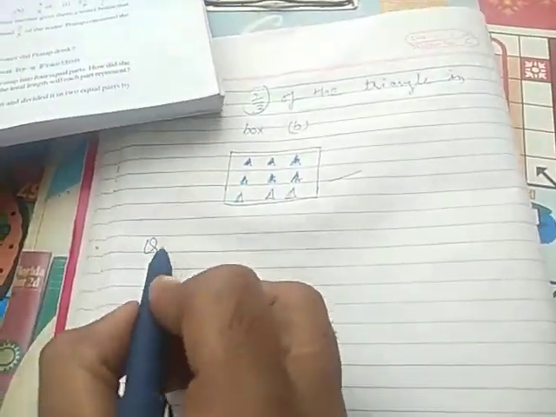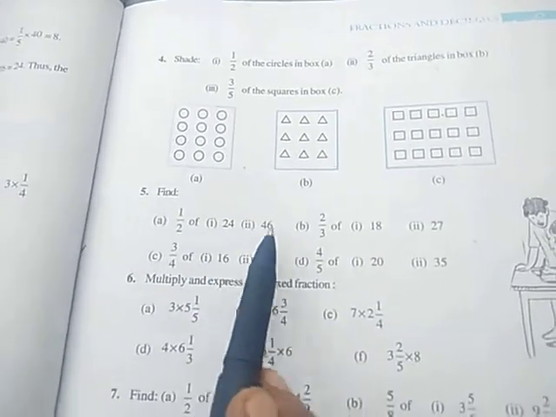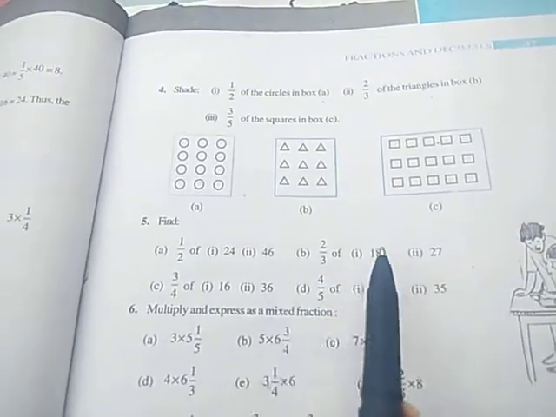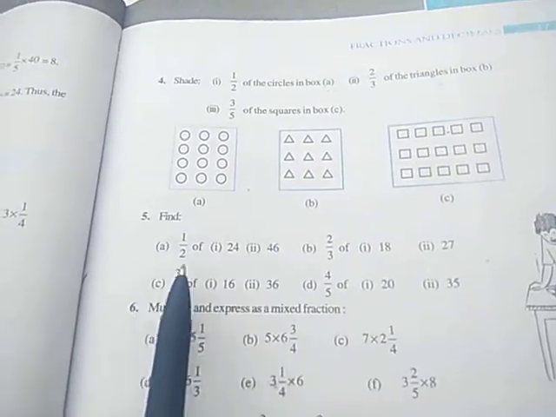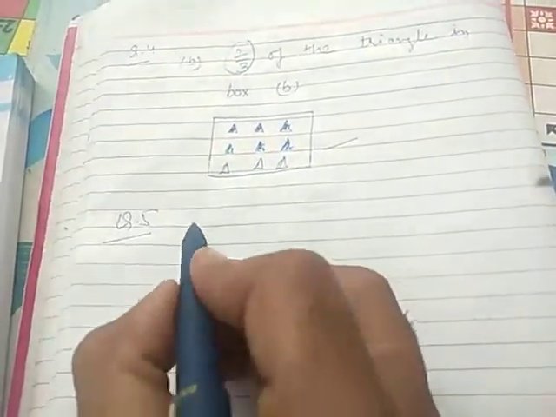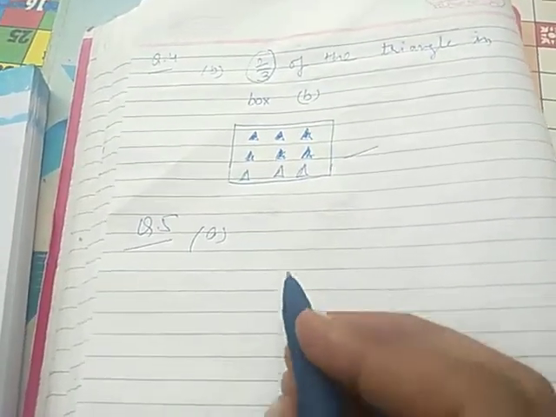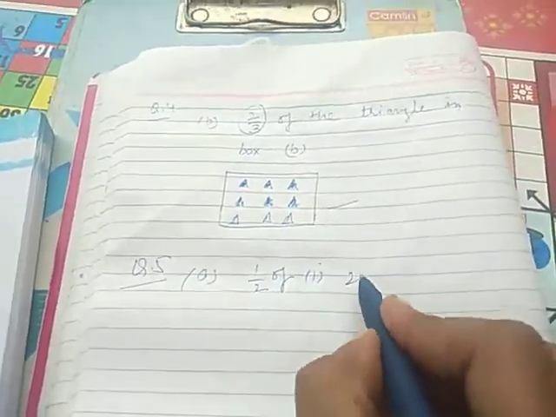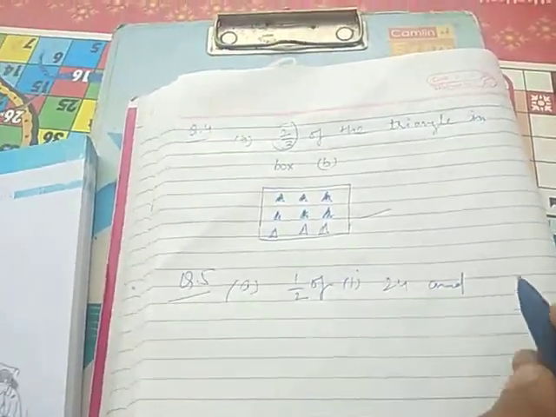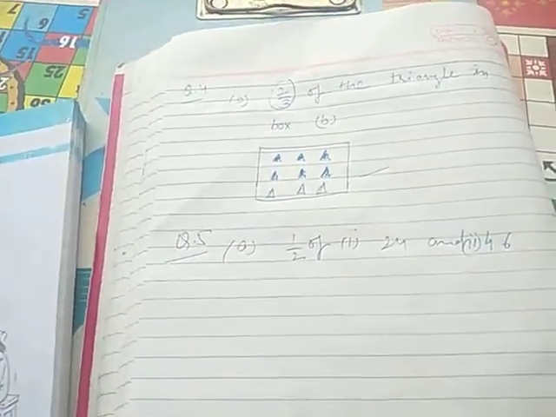Next is question number 5. So what is question number 5? Find 1/2 of 24 and 46, and we have this type of question. Here 'of' means multiply.